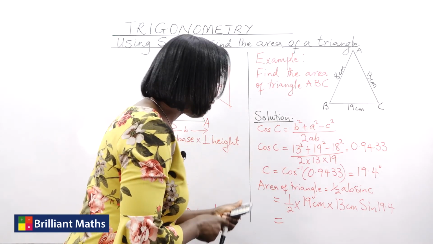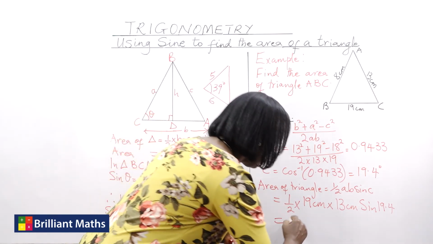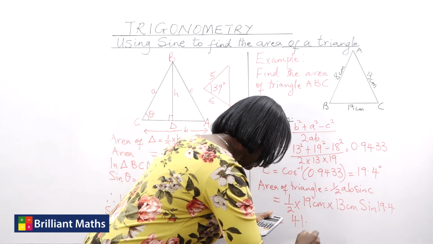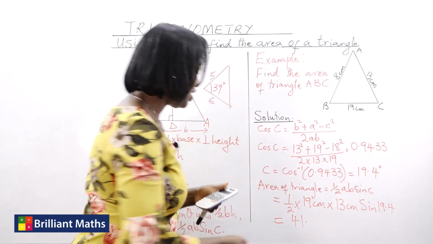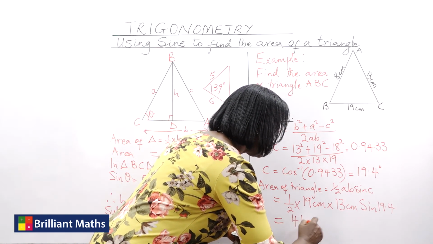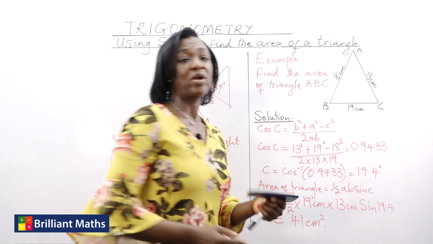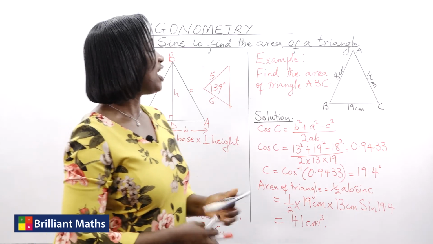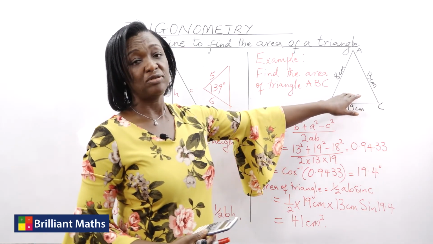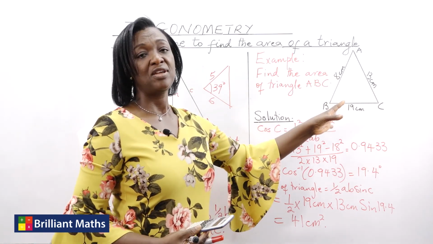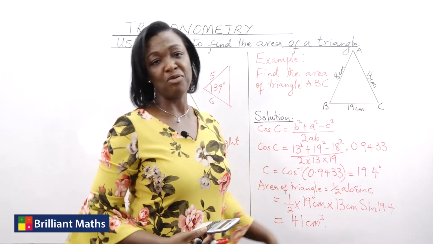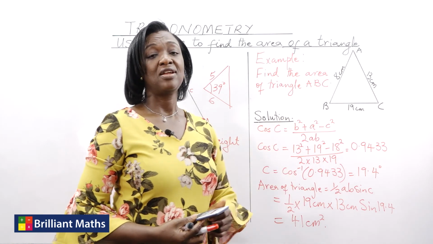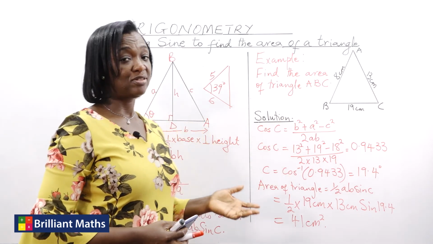So the area of our triangle is 41.02, approximately 41 centimeters squared. So although we're not given the height of the triangle, we're given the three sides, we've been able to use cosine rule and sine rule and find the area of the triangle.